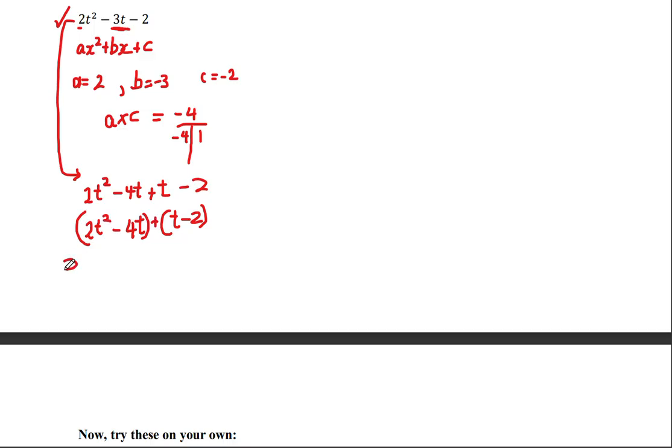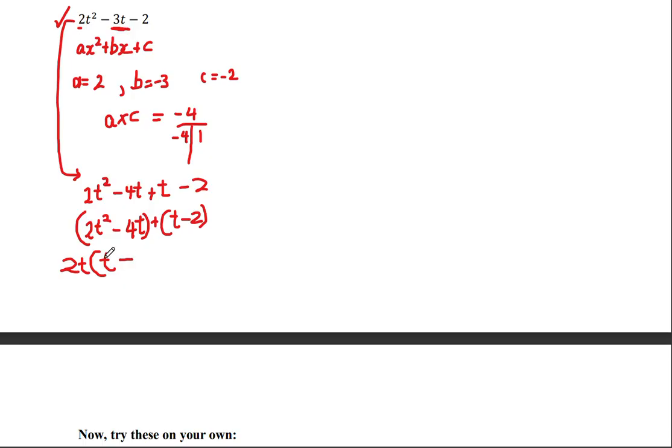So the highest common factor here is going to be 2t. So we'll factor out 2t. When we factor out 2t here, 2t divided into 2t squared is going to give us t, because 2 will cancel itself and t into t squared is t.